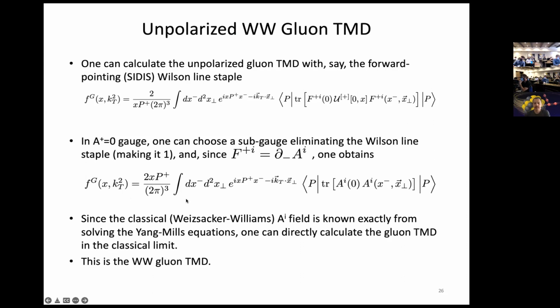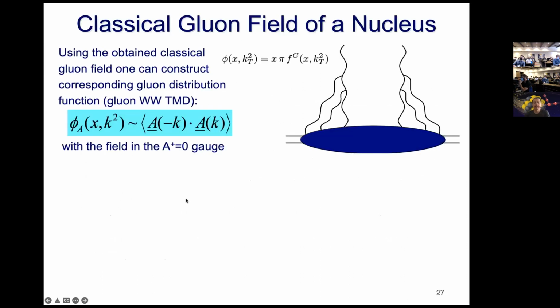Okay, so people did that many years ago, back in the 90s, in the small x language. The standard name for this quantity was the unintegrated gluon distribution, which nowadays corresponds to this Weizsäcker-Williams gluon TMD.